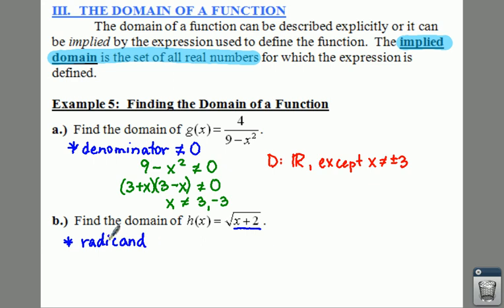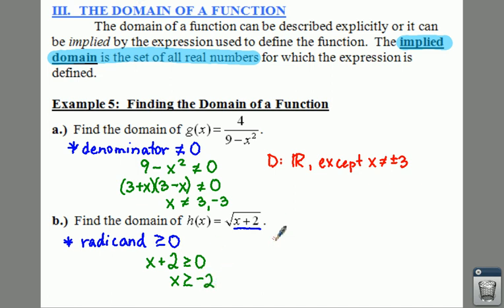Your radicand for a square root has to be greater than or equal to 0. So we're going to take your x plus 2 and just set that greater than or equal to 0. And if you subtract on both sides, you get x is greater than or equal to negative 2.